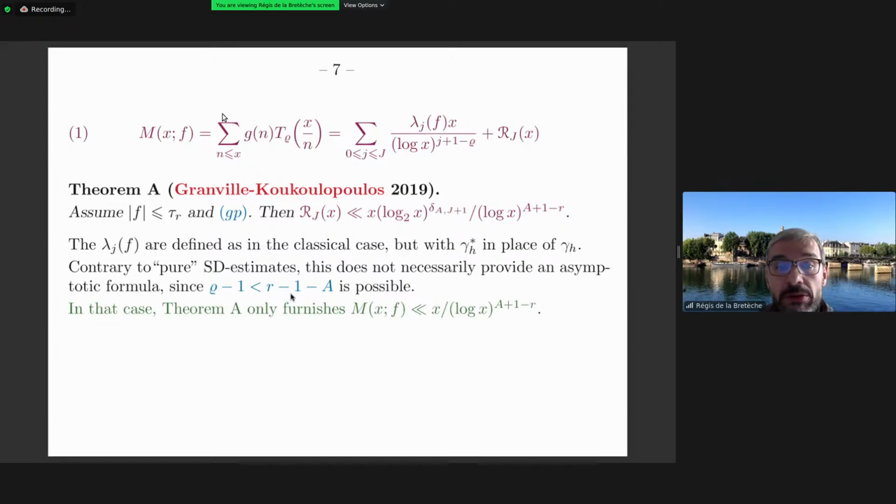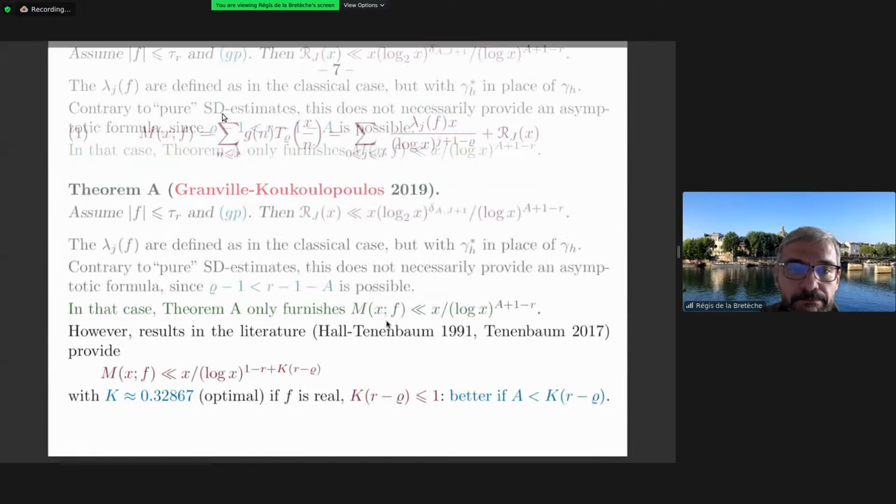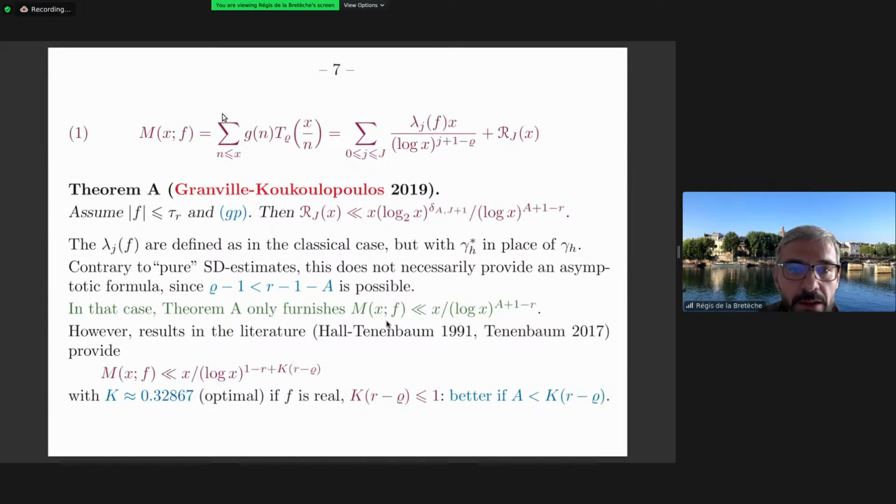So the theorem of Granville and Koukoulopoulos only furnishes the upper bound of the sum of f of n. Okay, but if we look at upper bounds, there is some very nice result in the literature.